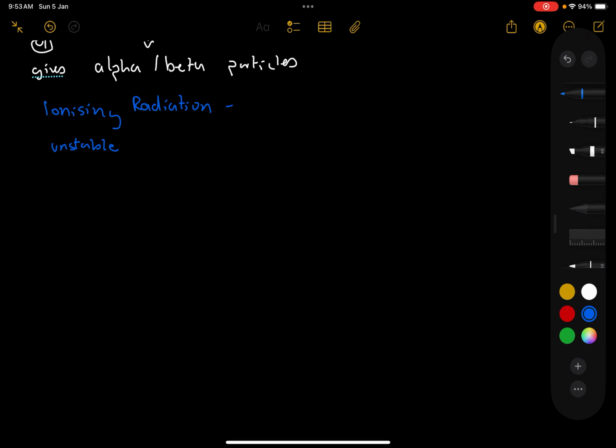So I have my unstable nuclei right here, and this is going to emit ionizing radiation. And basically, ionizing radiation causes atoms to gain or lose electric charge.